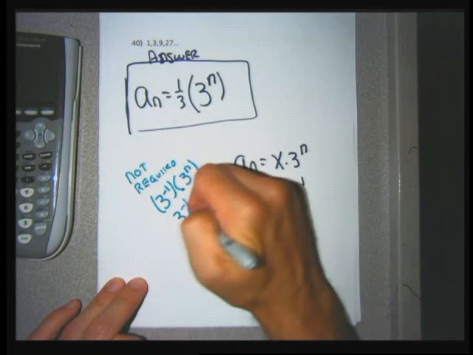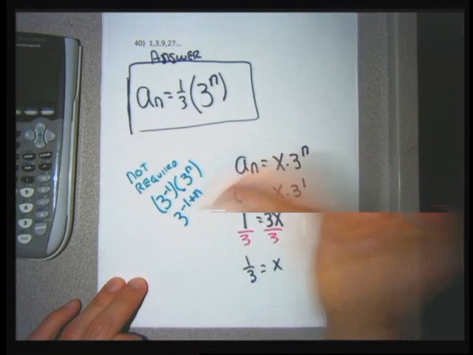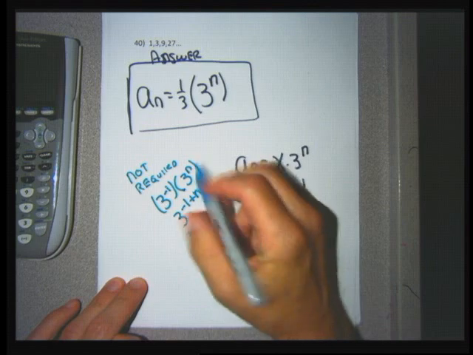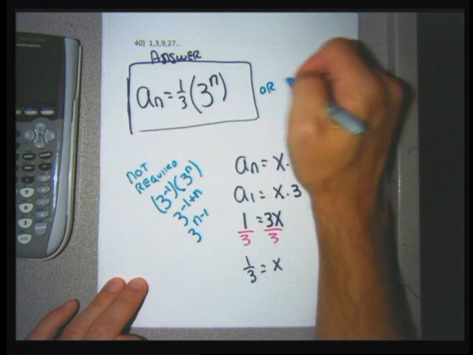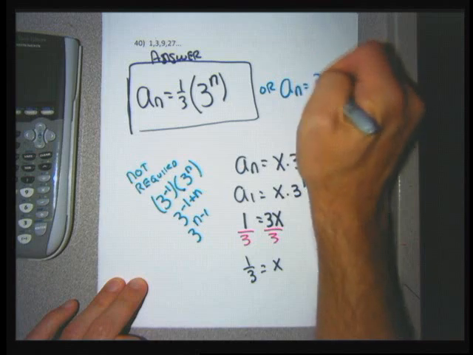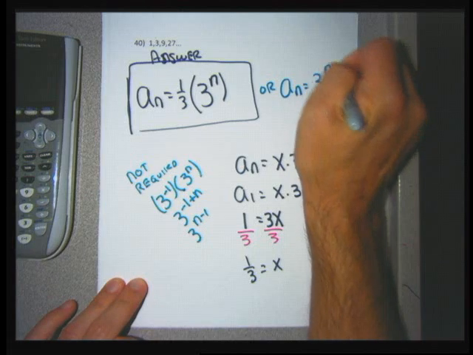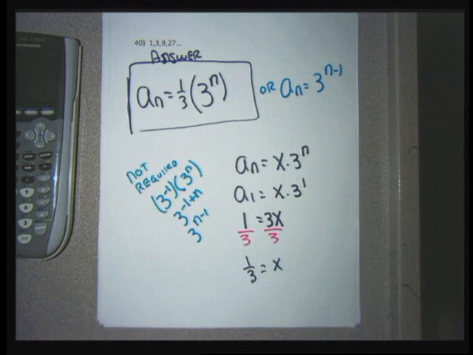I perform that multiplication by adding the exponents. Negative 1 plus n is the same as n minus 1. You could have written a sub n equals 3 to the n minus 1 power, and that also will check just as well. So if for some reason you've seen this before, you're just extra clever, and you wrote that down, that's another answer that's correct, but not an answer that I expect you to come up with by yourself.